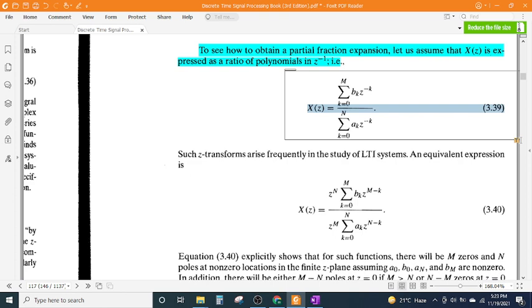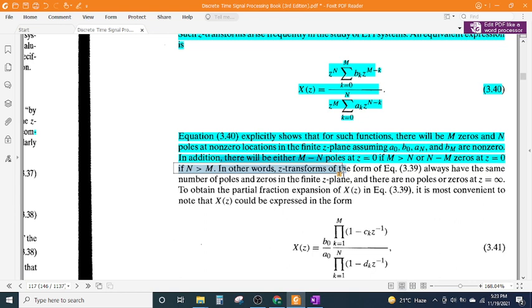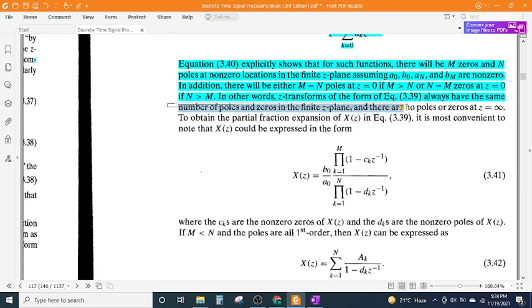In addition, there will be either M-N poles at z = 0 if M > N, or N-M zeros at z = 0 if N > M. In other words, Z-transforms of the form of Eq. 3.39 always have the same number of poles and zeros in the finite z-plane, and there are no poles or zeros at z = infinity.